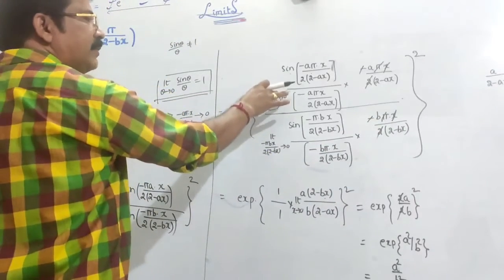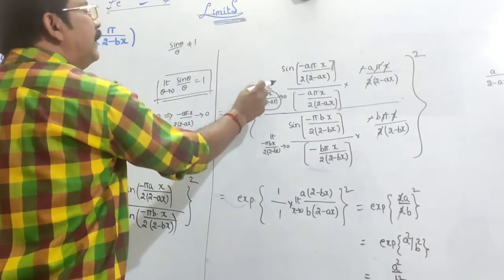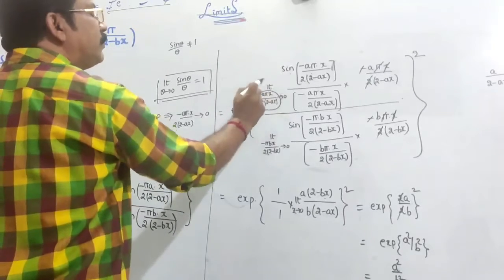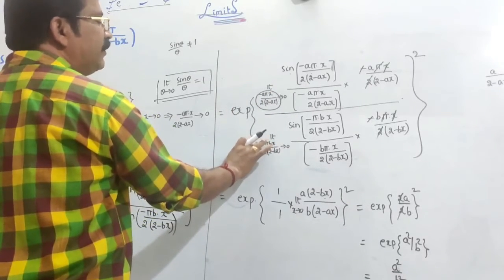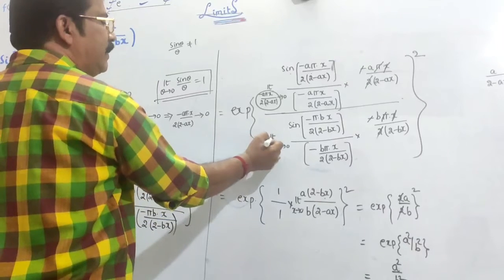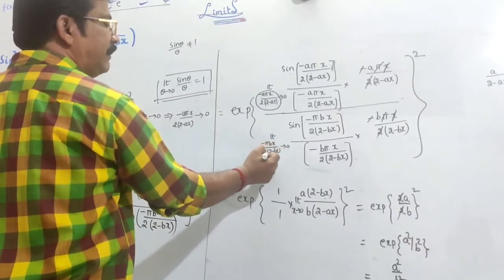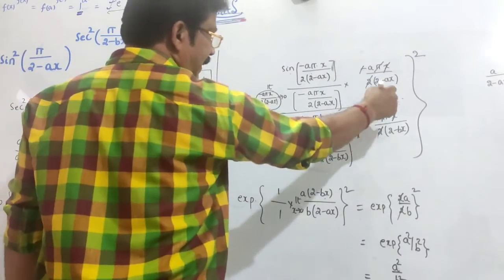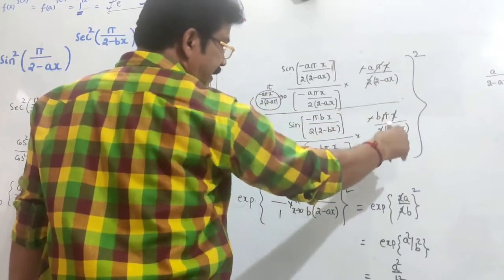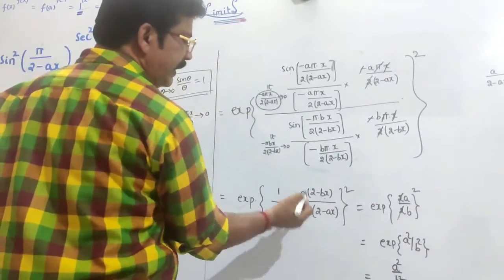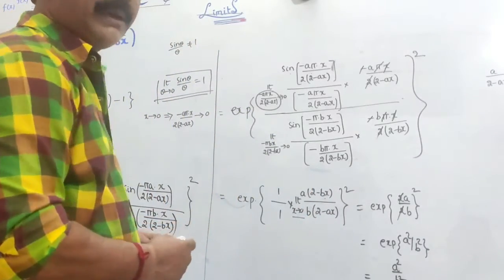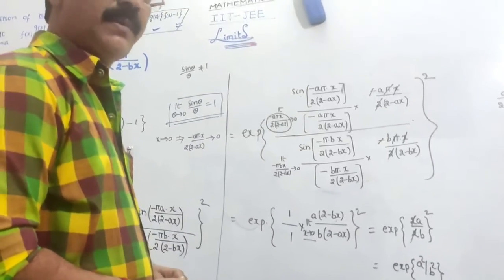For this limit x tends to 0, we can write it as limit minus a pi x divided by 2 into 2 minus ax tends to 0. For this limit x tends to 0, we can write it as limit pi bx divided by 2 into 2 minus bx tends to 0. For this not necessary because only x is there. That's why I wrote the same. Limit x tends to 0. Hence, its answer is e power a square by b square. Hence the problem.